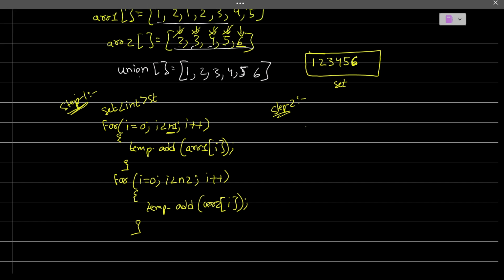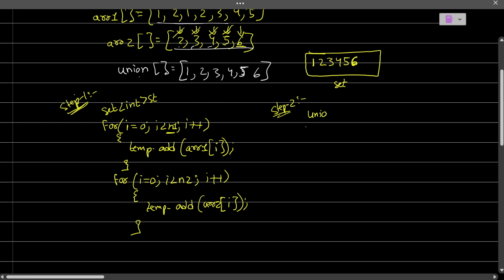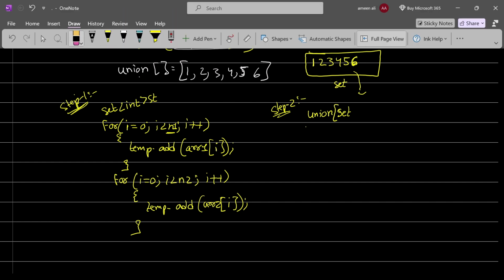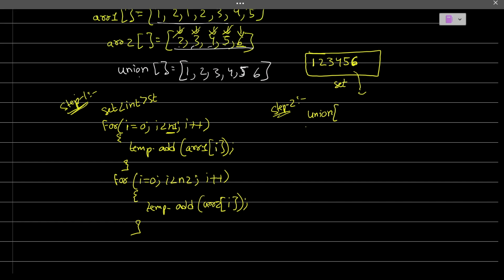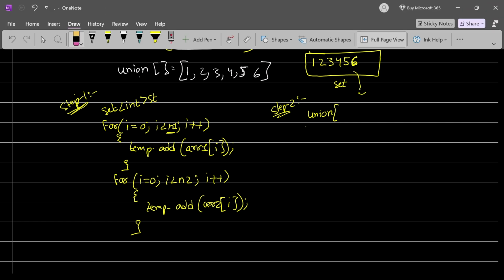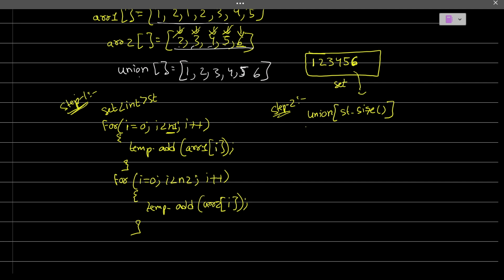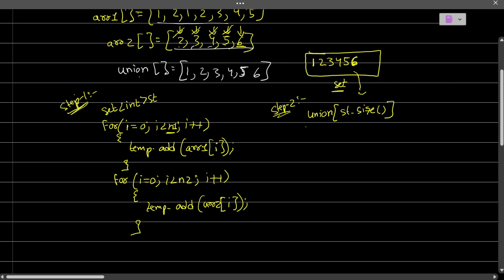I'll declare a union array of size set dot size. Sorry, my bad. Then the union array size will be the size of the set, right?